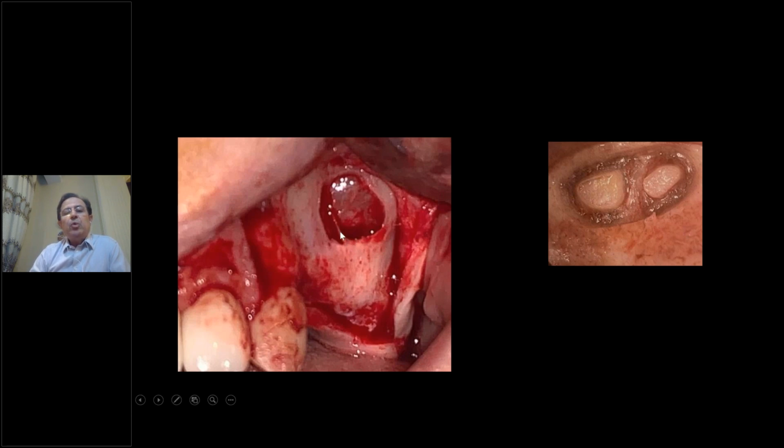And if the septum is mesially or distally, it's very difficult because we must start the membrane lifting at one side and touch the medial wall, and also turn and start above the septum. This area is very sensitive for perforation of the membrane.